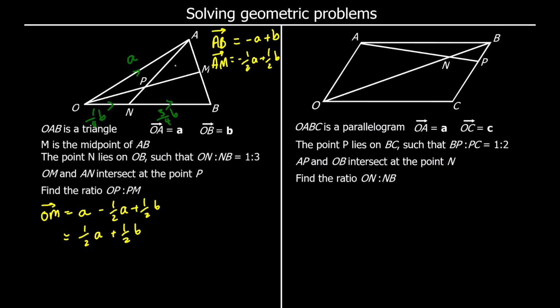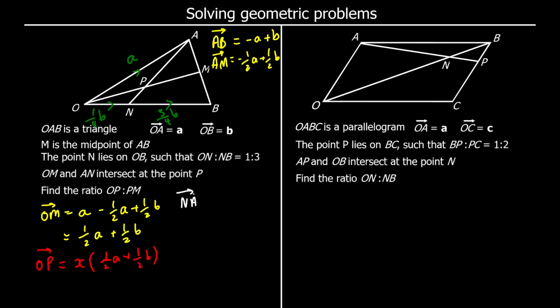That's O to M. O to P, so one of the routes, is some fraction of that. So O to P, I'm just going to say is X times half A plus half B. I need another route. So I'm going to go O to N and then N to P. So I need N to A first.